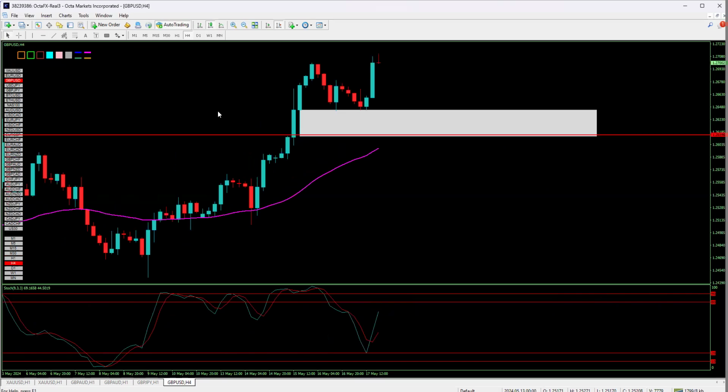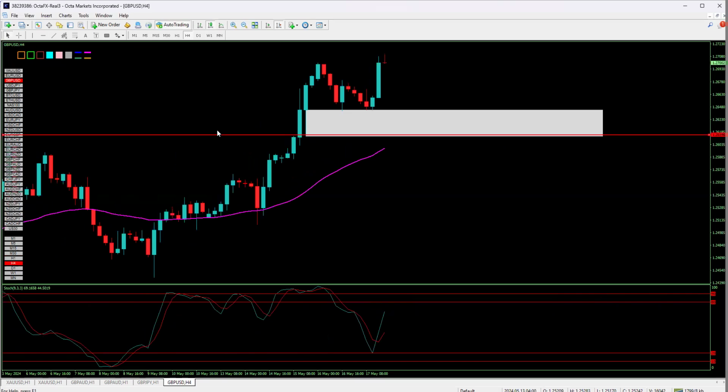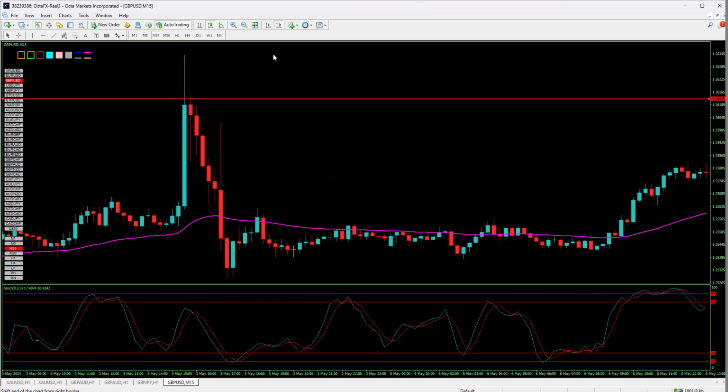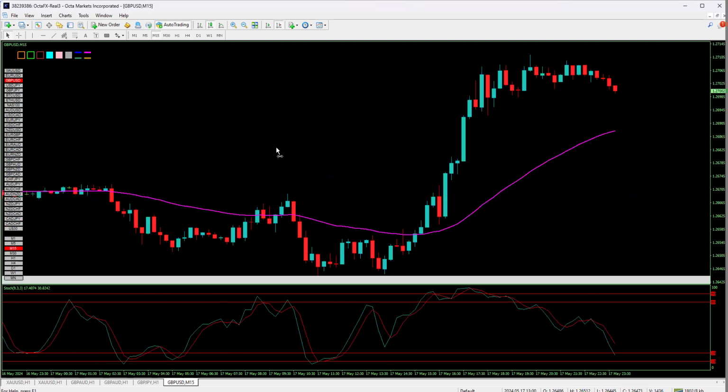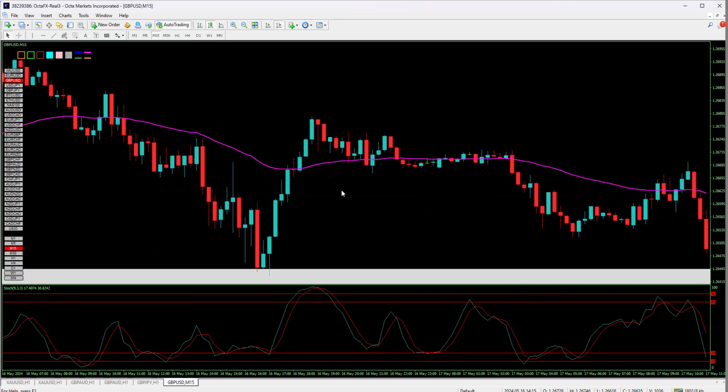Since we are at H4, we go to M15. If EMA 50 is on this zone right here, where the market was, then it is a strong zone. So you go to M15, then we check EMA 50.